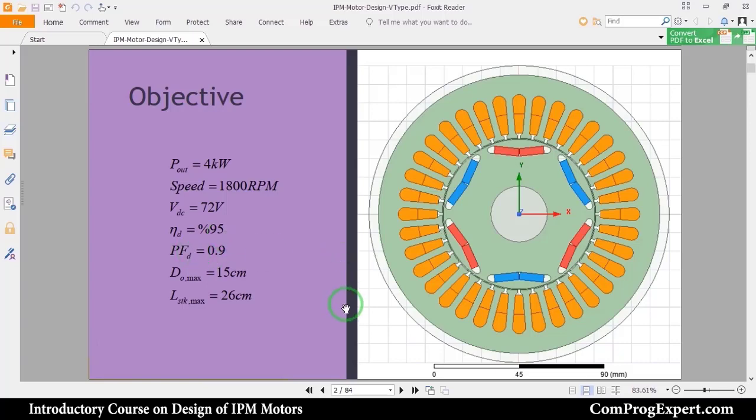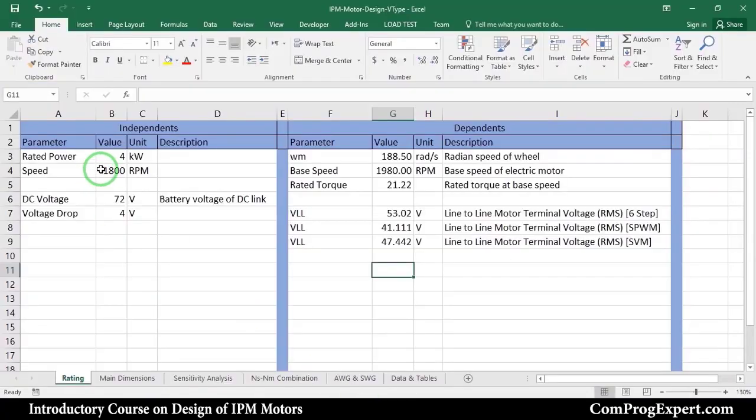So if you consider 4 kilowatts as rated power and 1800 rpm as motor speed, the rated torque will be calculated as follows.